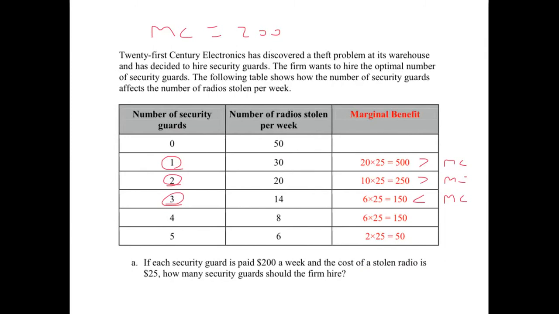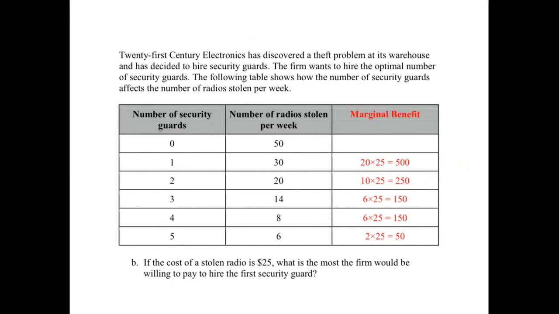And so how many security guards should the firm hire? What is the highest number of security guards at which marginal benefit is greater than or equal to marginal cost? Well, that is 2 security guards. So the optimal, the best choice in this case, the profit maximizing choice, if you will, is to choose 2 security guards.